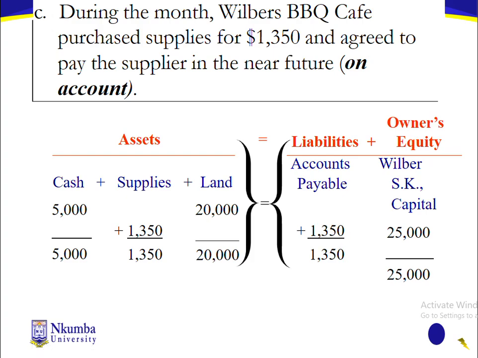Cash can only be affected if we try to pay for these supplies by crediting cash and debiting the accounts payable. Then the accounts payable will reduce. Remember, debiting accounts payable, which is a liability account, means a reduction on that account. Okay.